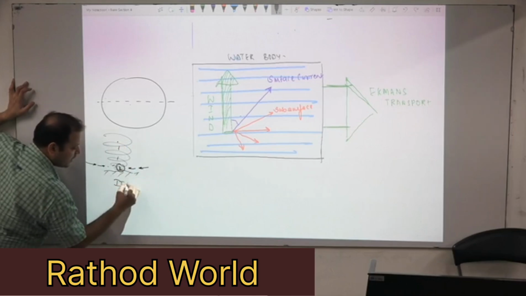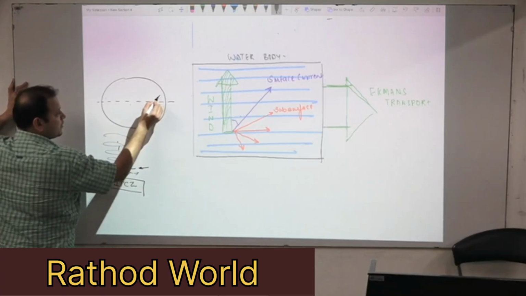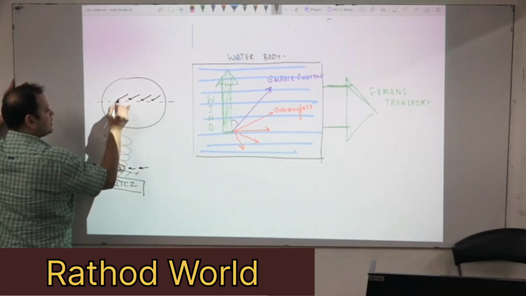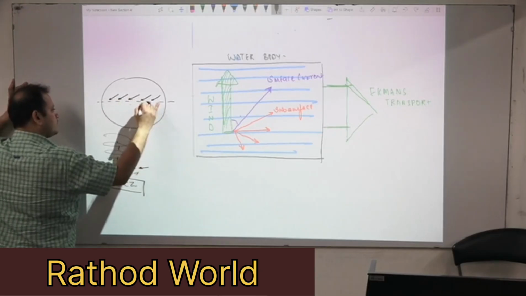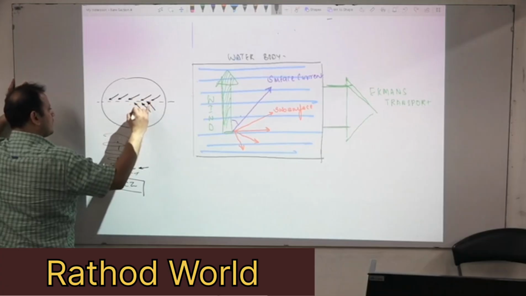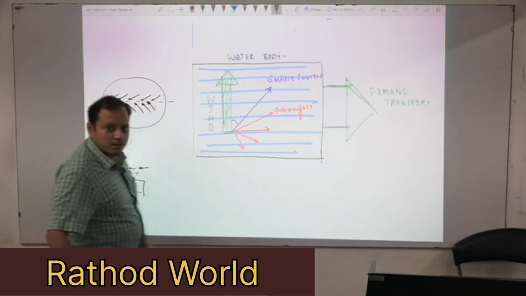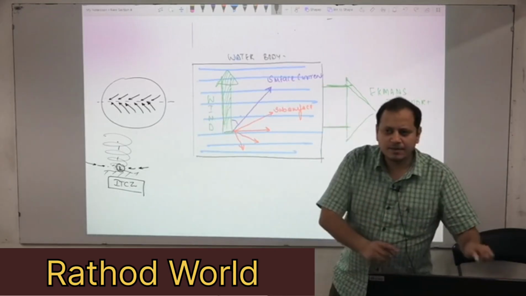Therefore, we will call this the ITCZ, Intertropical Convergence Zone. This is how the trade winds are coming from the northern and southern hemisphere. Clear? Understood what is ITCZ?